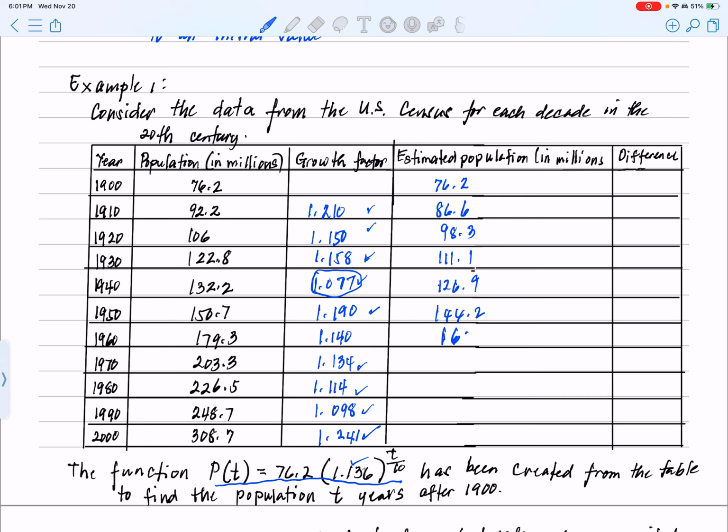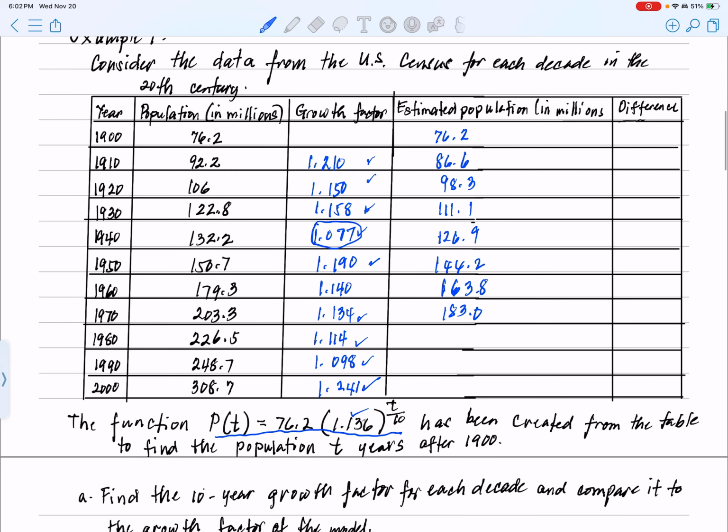Then 163.8 times 1.136, you have 183.0. Then 183 times 1.136, you have 211.3. 211.3 times 1.136, you have 240.1. Then 240.1 times 1.136, you come up with 272.7.